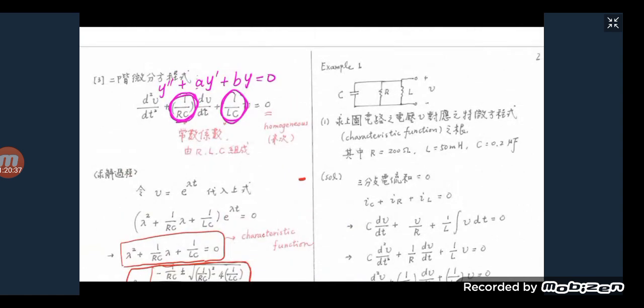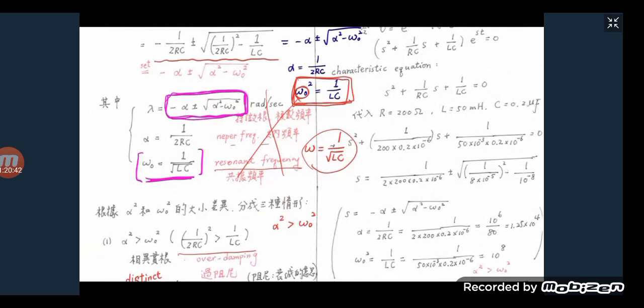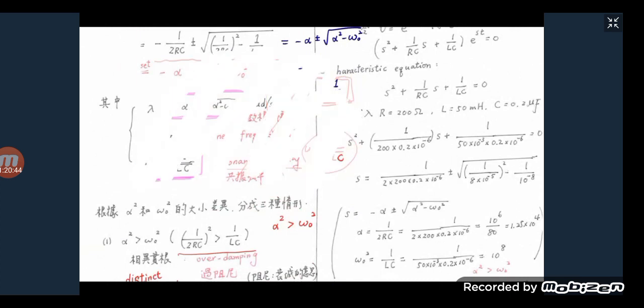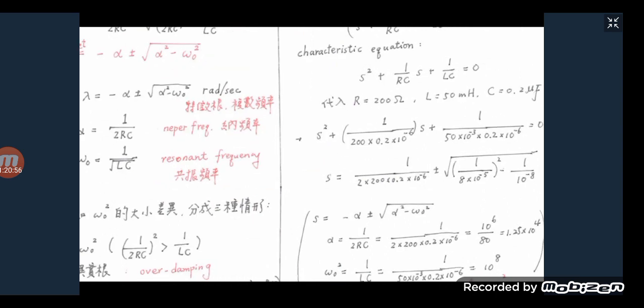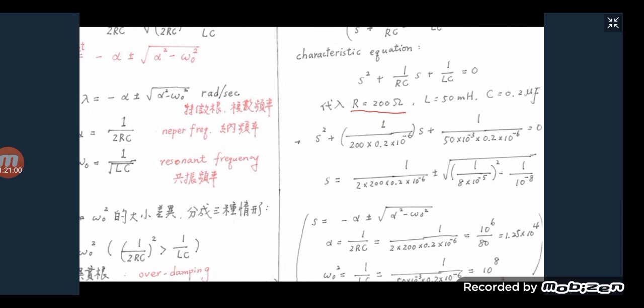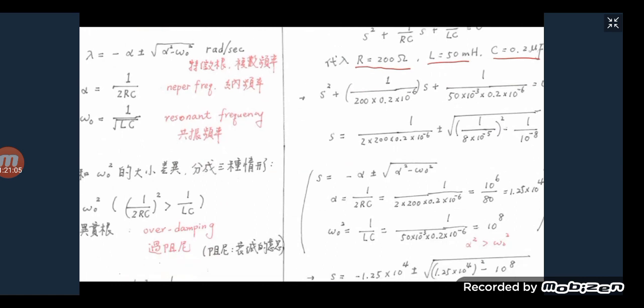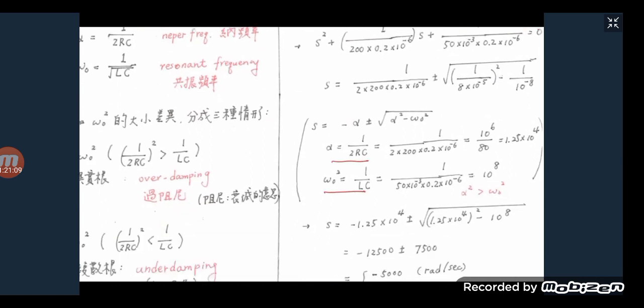So here's a simple example. Here you can say that if we insert the real values of R, L, and C, you can find these parameters alpha and omega 0.